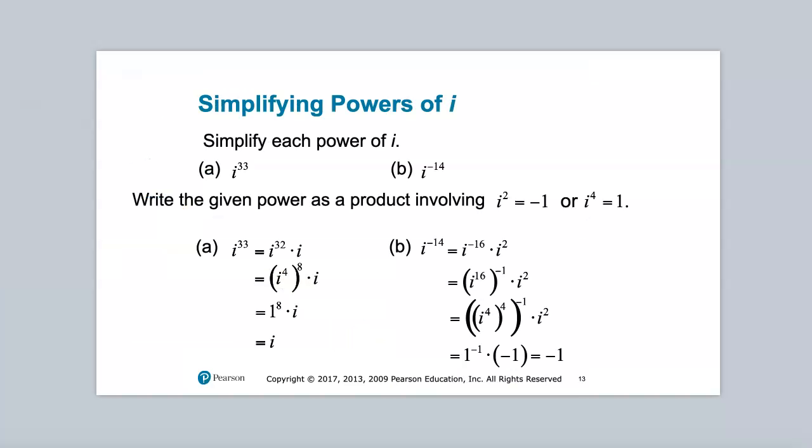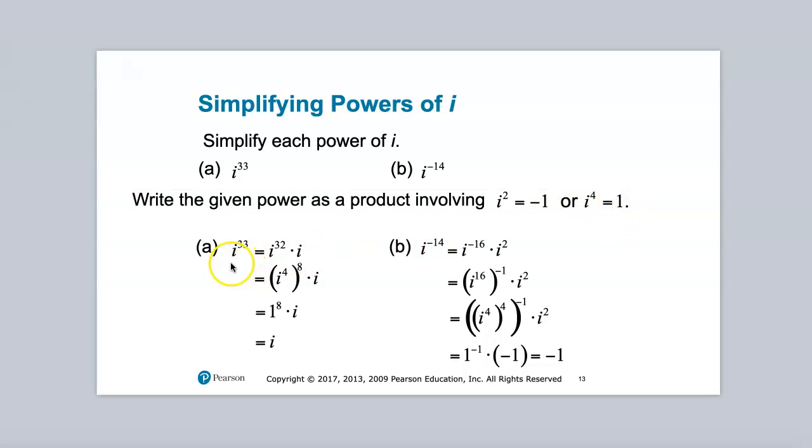Okay, so then for the next problem, we're going to be looking at how to simplify powers of i. As long as you know that i is the square root of negative 1, then you know that i squared is negative 1, and then you also know that i to the 4th is positive 1, because i squared times i squared is i to the 4th, and negative 1 times negative 1 is positive 1.